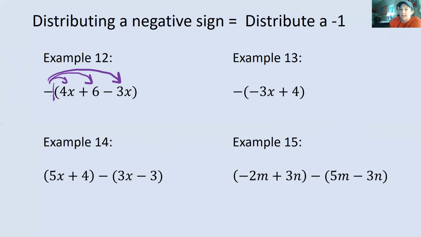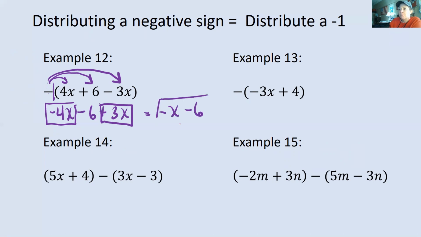So think of it as the opposite of 4x is negative 4x. The opposite of plus 6 is minus 6. And the opposite of minus 3x is plus 3x. And then we do have two like terms. So negative 4x plus 3x is negative 1x minus 6.